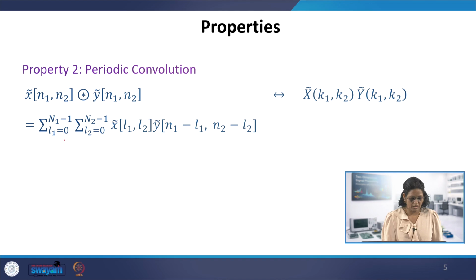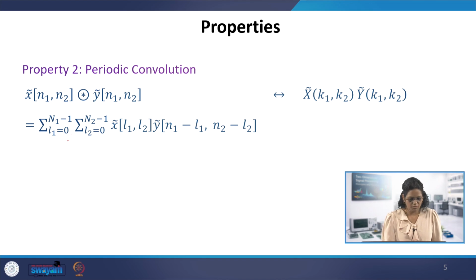So what is a circular convolution? We mean the summation with L1 varying from 0 to N1 minus 1 and L2 from 0 to N2 minus 1, of x tilde, where we change the time indices to L1 and L2. We did this similarly for K1 and K2 in the 1D case, so that's the same thing. We use K1 and K2 in the frequency domain, so we just use the notation L1 and L2 here, and y tilde of n1 minus L1 and n2 minus L2.